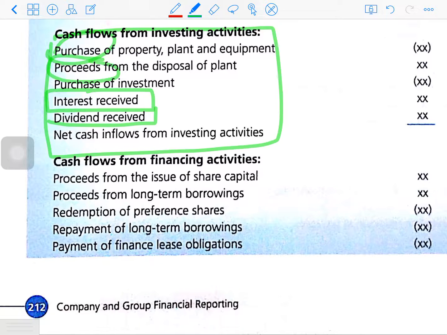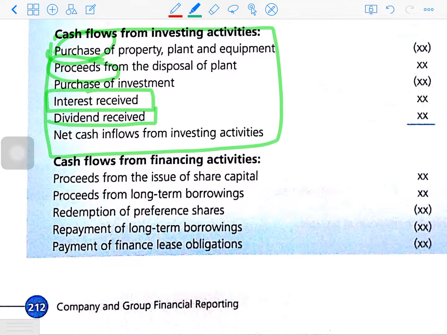Which is ordinary shares, preference shares, and bonds and debentures, and bank loans. This is where your money is coming from. You can get your capital from issue of shares, issue of preference shares, and then you can get loan capital from borrowings, and also issue of debentures, right?